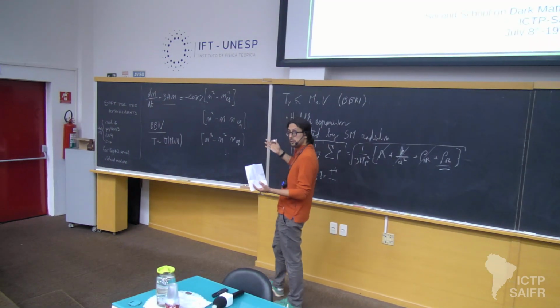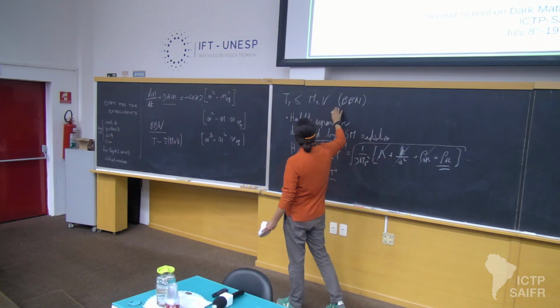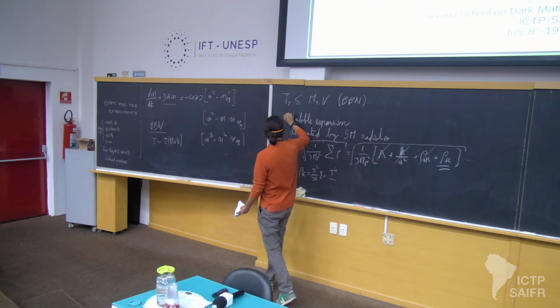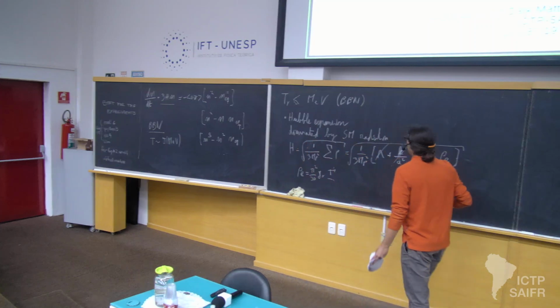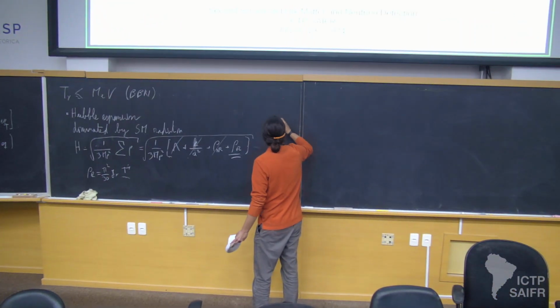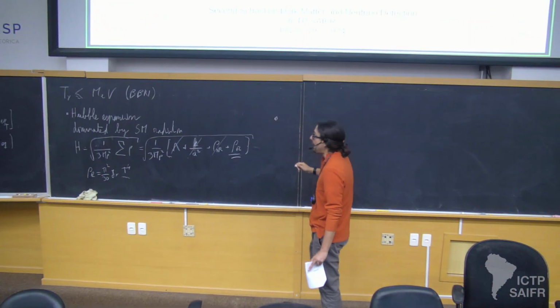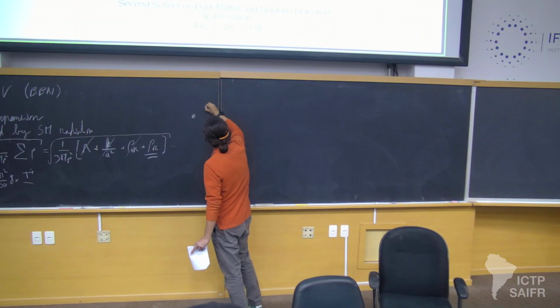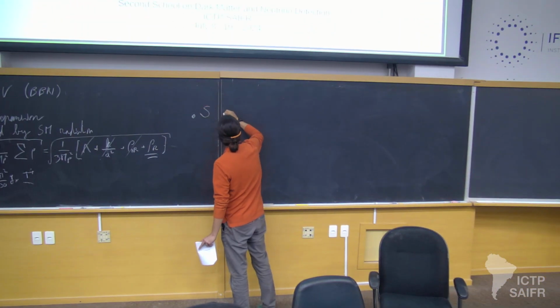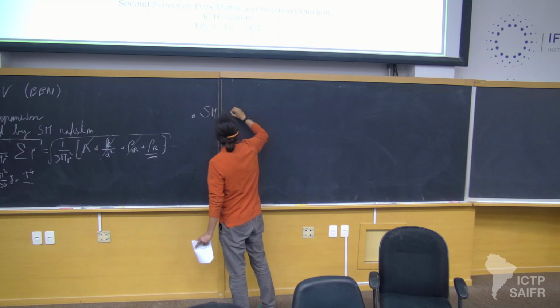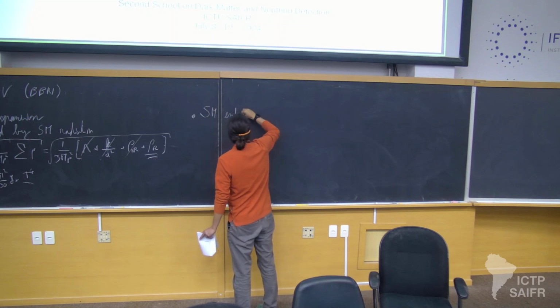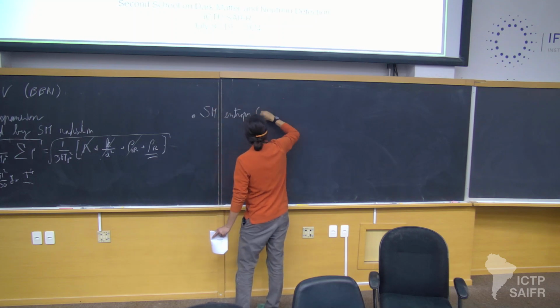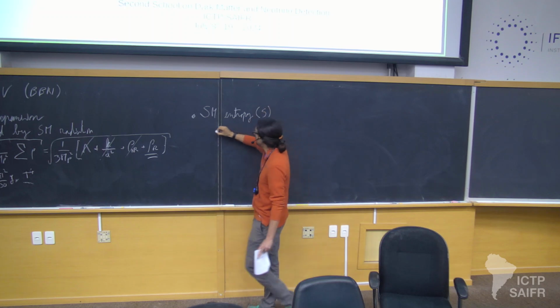It's really an assumption. After BBN, we know that this is the case. Number one. And number two, we also assume that the standard model entropy, which I call capital S, is conserved.